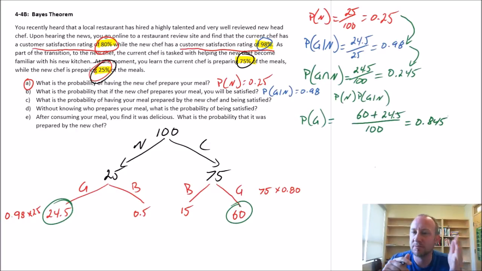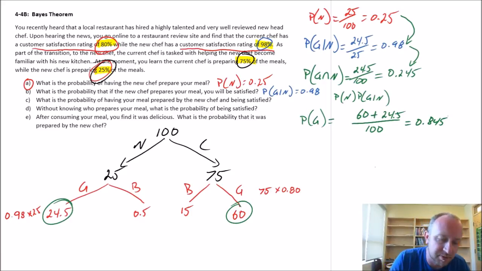So if it's produced by the new chef, it can't also be produced by the current chef. It's either one or the other. Similarly, it's either good or it's bad. All of these events are mutually exclusive. Okay, and so for that reason, this simplified calculation works.